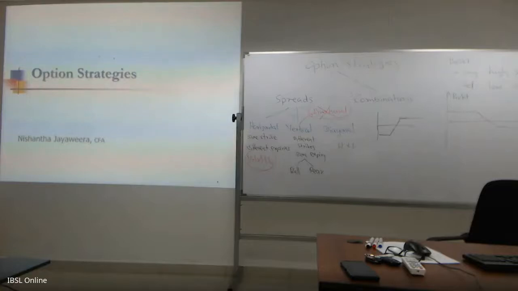In MCQ, in your paper, there will be 4 options, choices. The question is, when volatility increases, value of option increases: A, only for call options; B, only for put options; C, for both put and call; D, none. What's your answer?